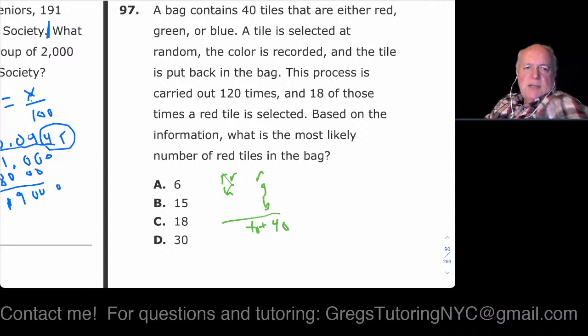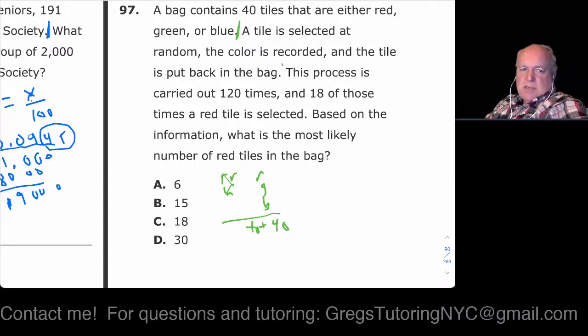A tile is selected at random. The color is recorded and the tile is put back in the bag. So basically the bag always contains the 40 upon any selection, and it's random. So we're hopefully getting the theoretical equivalent, and this actual selection, recording, and putting it back is our experiment happening.